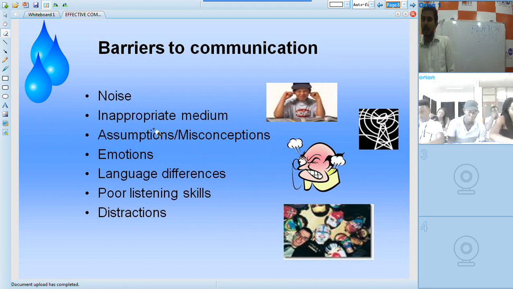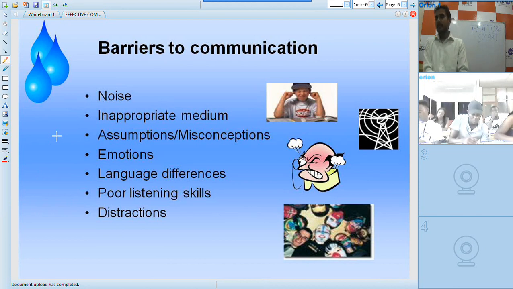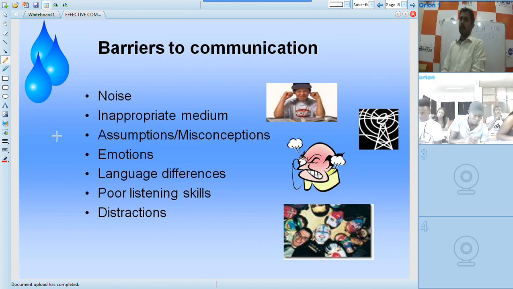These are the barriers of communication. Communication might be interrupted or discontinued due to various barriers like noise, inappropriate medium, assumptions, misconceptions, emotions, language differences, poor listening skills and distraction.